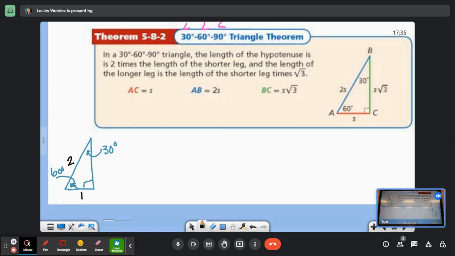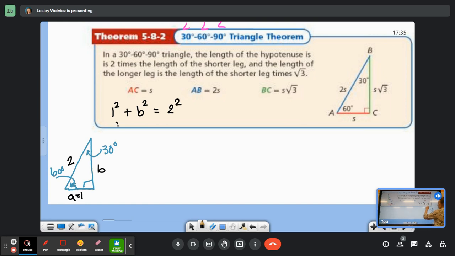It's twice as much. If I use the Pythagorean theorem on that, here's my A, here's my B, and my C, the hypotenuse, is 2. So 1 squared plus B squared equals 2 squared.